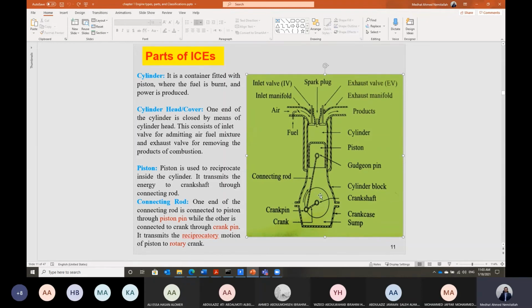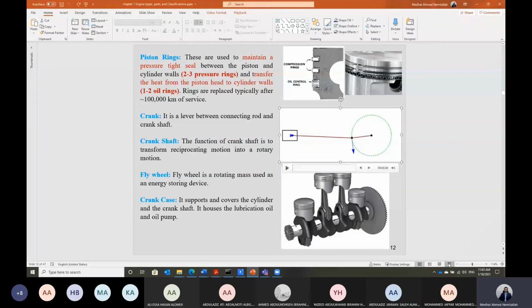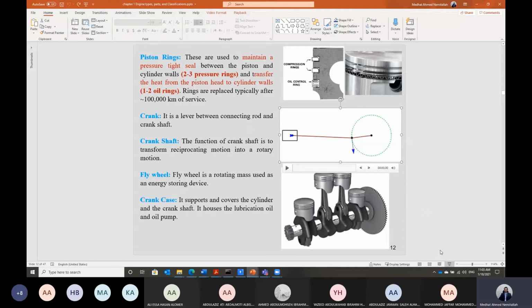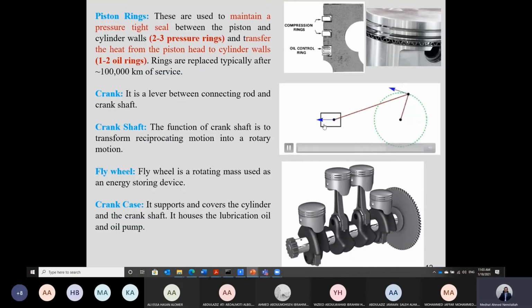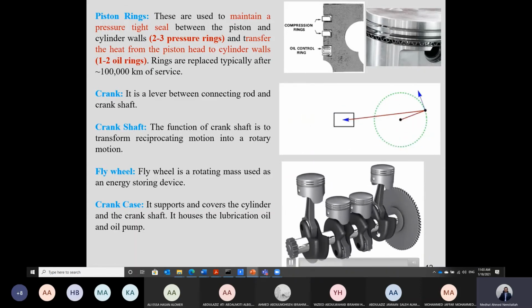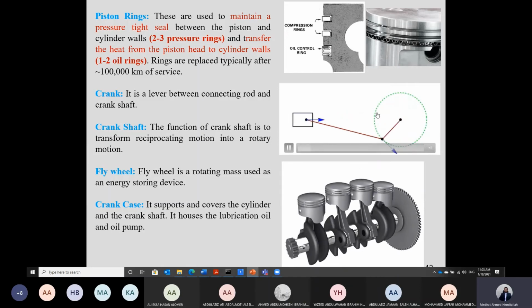So you can just look here. This is, Shabab, the motion of the piston. This is a reciprocating motion, and it is connected to the crankshaft. You can look here, this is the crankshaft motion, how it is moving. This is the piston moving up and down, and we have the connecting rod.